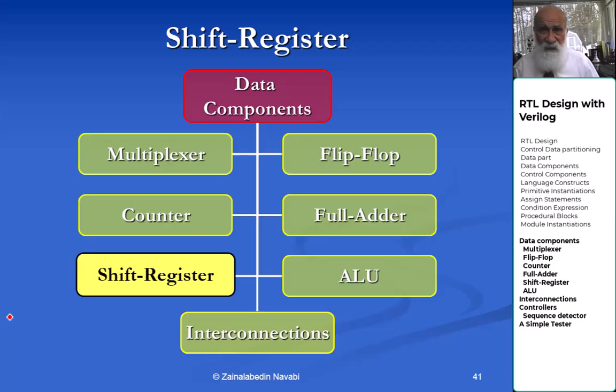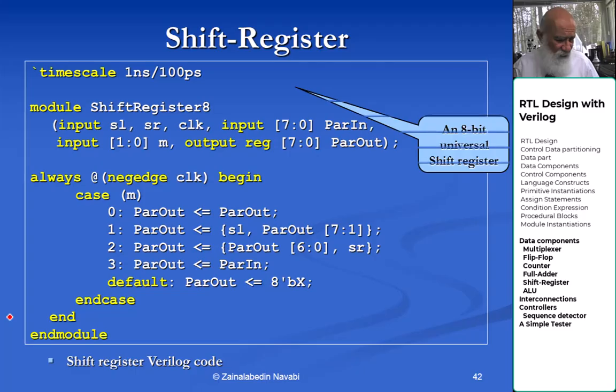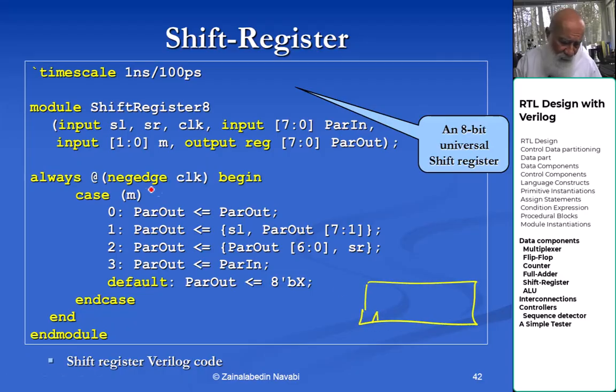Let's do a shift register. Again, another possible data path component. The shift register is this. It has a left shift. It has a right shift. It has a clock. It has an 8-bit parallel input, and it has a 3-bit mode input.